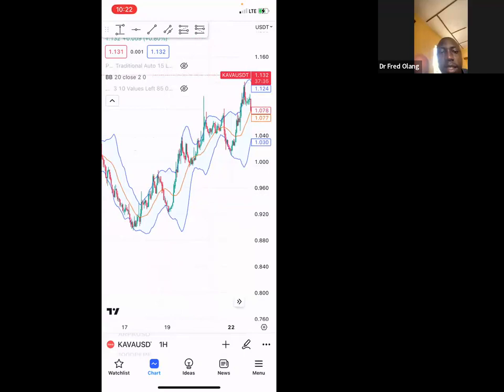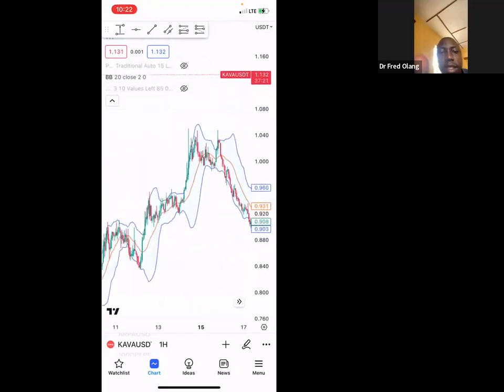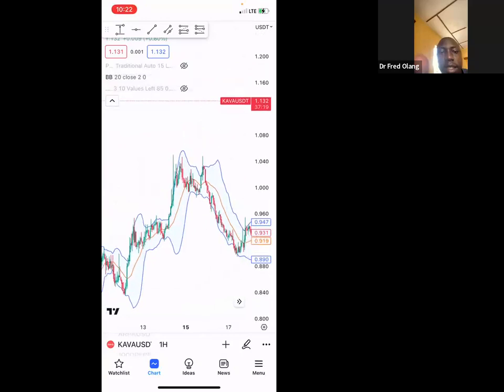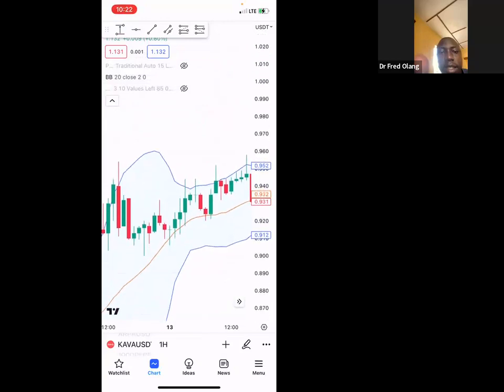So looking at the moving average and how prices deviate around it will always pay you a good sum of money for your trades. Now, what are the other blue lines that you're showing us?